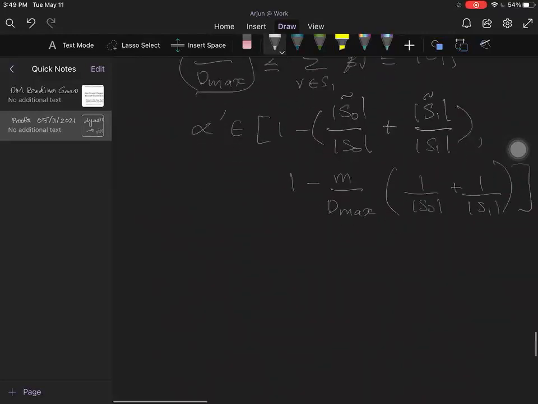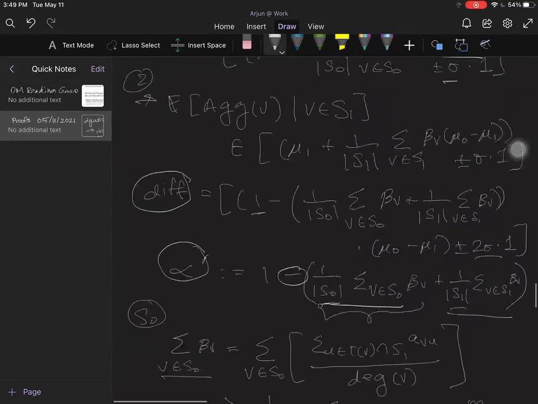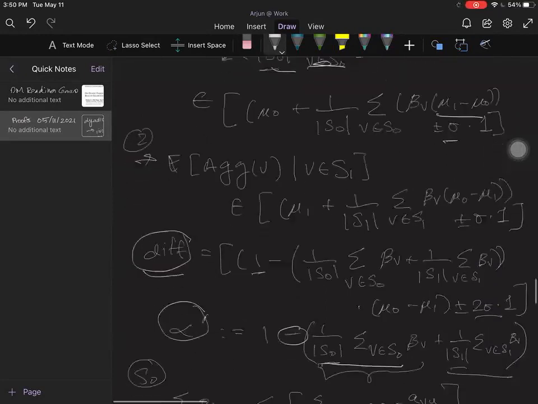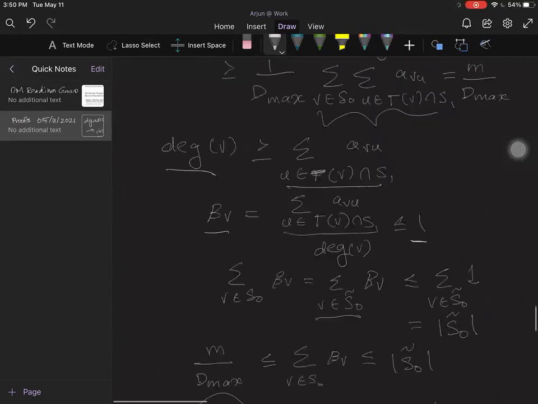And this bound on alpha prime, we now want to look at the bound on the absolute value of alpha prime, because we had this difference here, but we want the information on the absolute value of the difference, because that's how we had defined demographic parity.